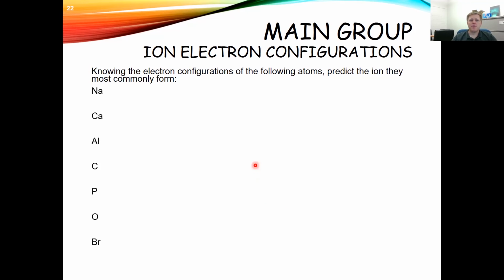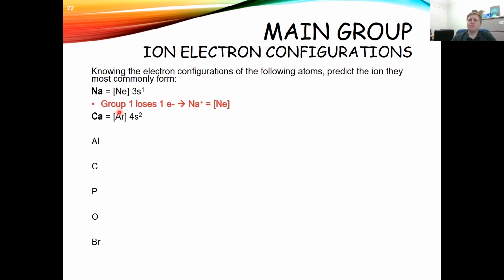I'm not going to jump to the periodic table for these, but for sodium, its electron configuration looks like this. It is one electron past looking like neon. And so it'll actually give up that electron to go to sodium plus and just have the same electron configuration as neon.